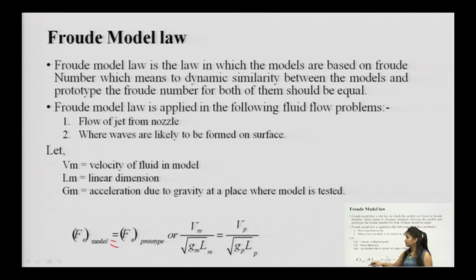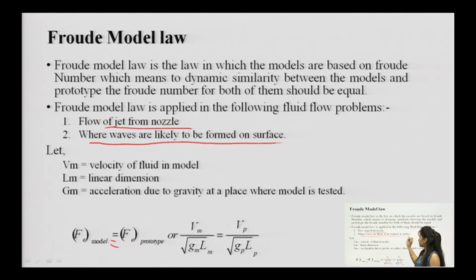They are equal. You can also see that Froude's number is applied in the following categories: flow of jet from nozzle, where we apply Froude's model law, and again it can be applied where waves are likely to be formed on the surface. Wave formation on the surface can be designed with the help of Froude's model law.